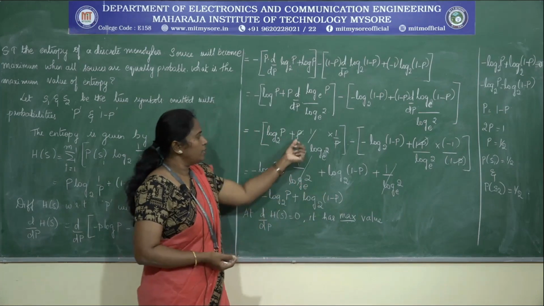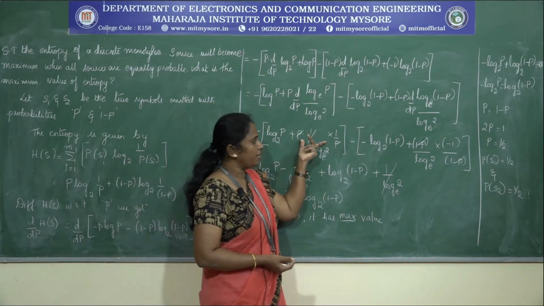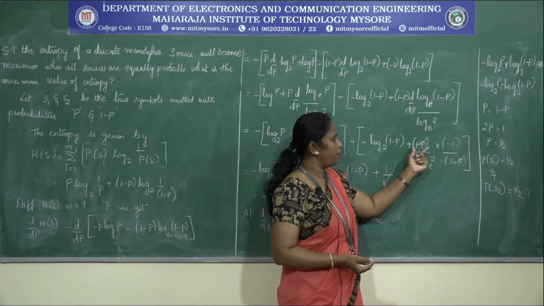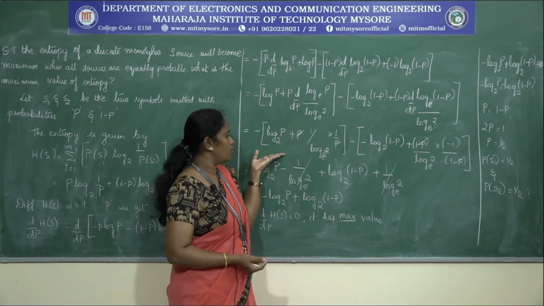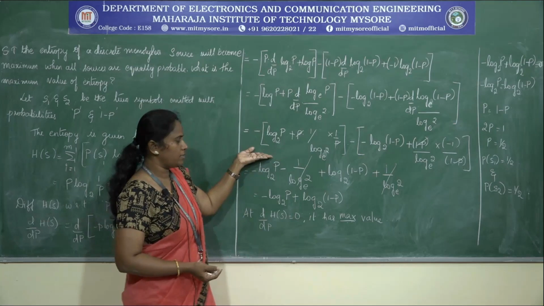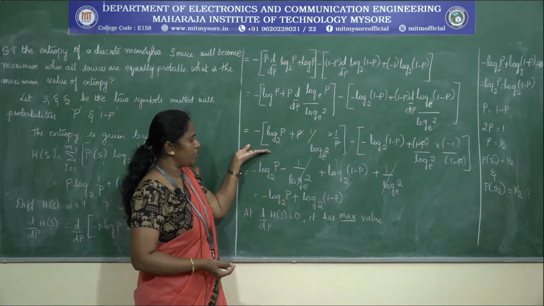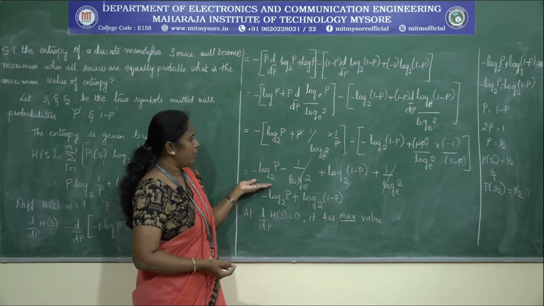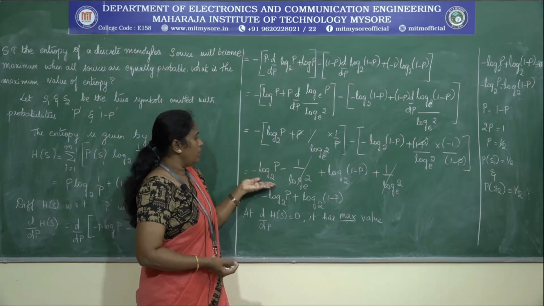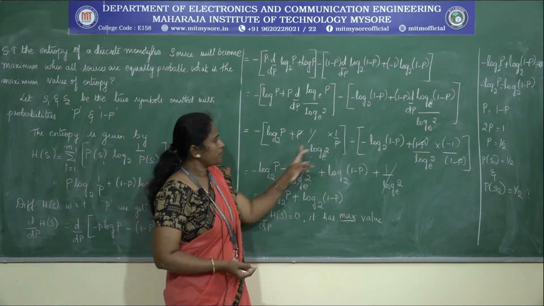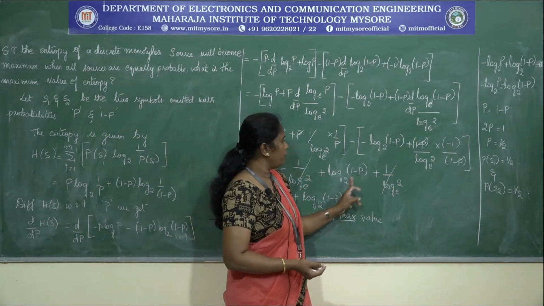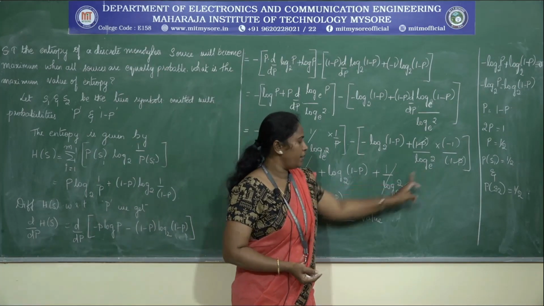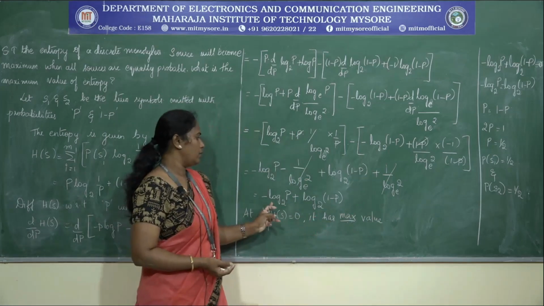Now in this equation P gets cancelled, and in this one 1 minus P gets cancelled. So this is after differentiation. The equation simplifies to this form: log P minus 1 by log 2 plus log of 1 minus P plus the remaining term, that is 1 by log 2.